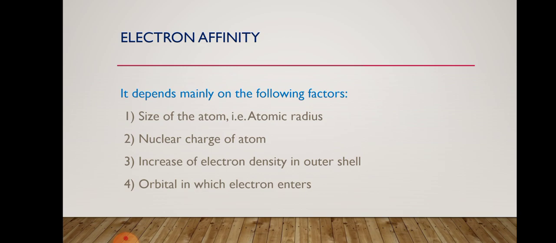Number 2, nuclear charge of atom. Increase of nuclear charge increases electron affinity, and it's a period based relation. And number 3, increase of electron density in outer shell and orbital in which electron enters. I will discuss these 2 points later while discussing the change of electron affinity in a group.